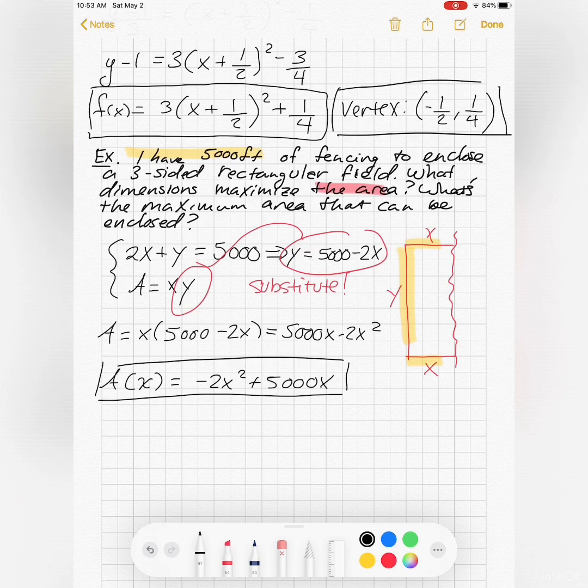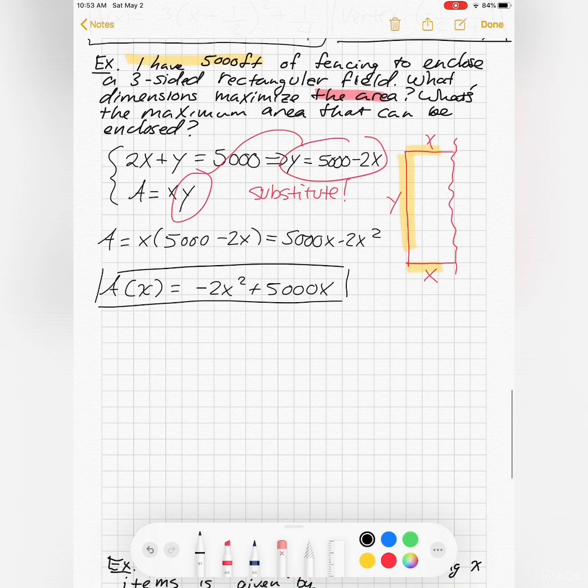Well, because now I can see what kind of shape I'm dealing with as far as that area function. So what do I have? I have a parabola with a negative lead coefficient. So what do I know? I know I have a parabola that opens down. So what can I tell you? I can tell you the max is going to be at the vertex. So really this problem is just asking me to find the vertex.